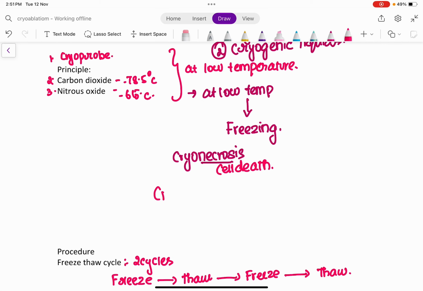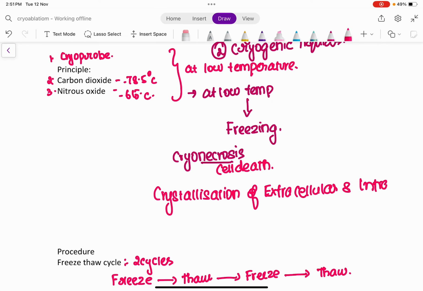But how? Because it is going to cause crystallization of the extracellular and intracellular water.